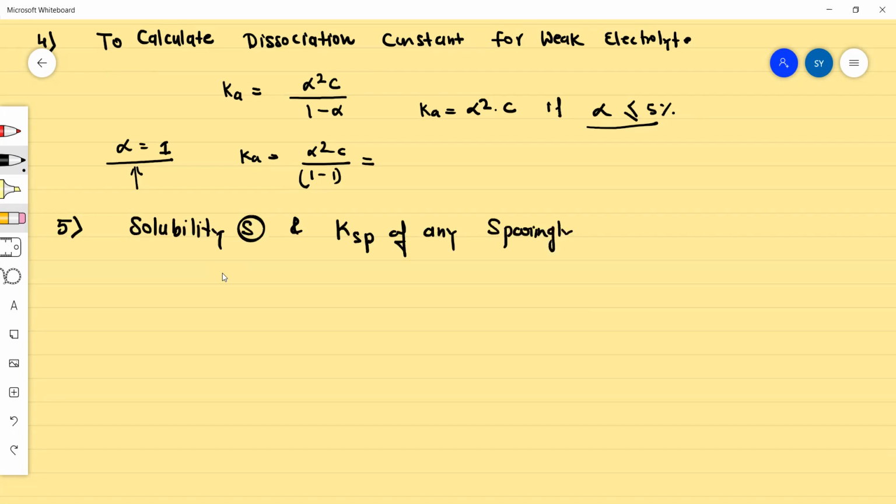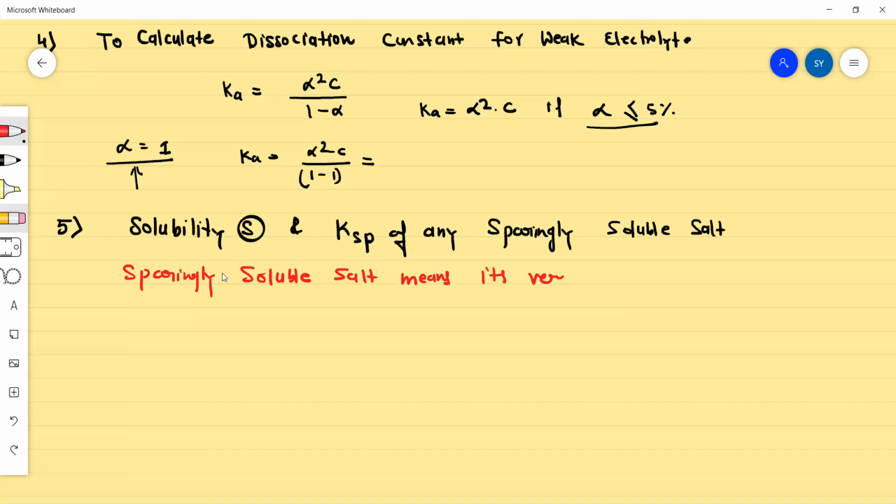Sparingly soluble salt means it is very, very less soluble.